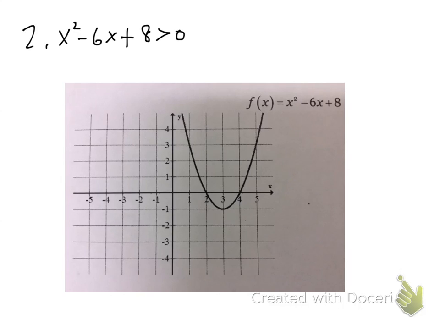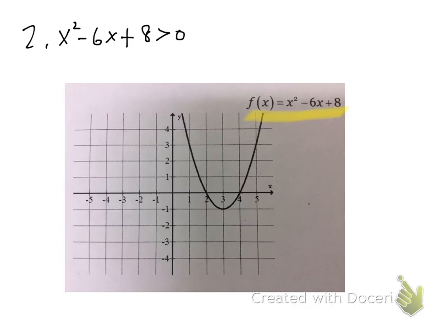Here we want to know when x squared minus 6x plus 8 is greater than 0. Again, we have the corresponding function, and we're going to look at its graph to determine the solution. First of all, notice there is no equal symbol here. So we don't want to know where we're equal to 0, for whatever x values x squared minus 6x plus 8 equals 0.